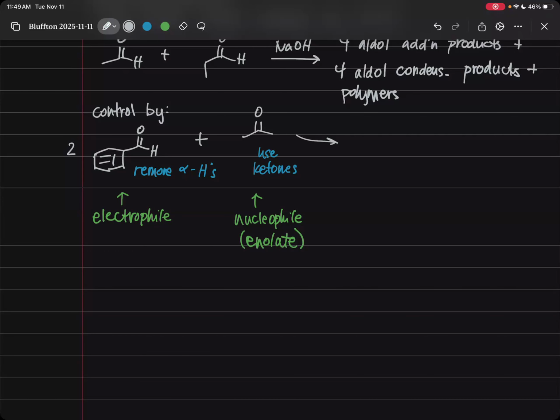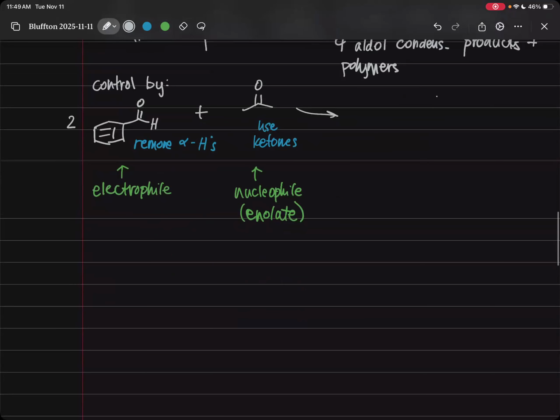It's acetone. And this is kind of a unique case where we have a double aldol reaction occurring.